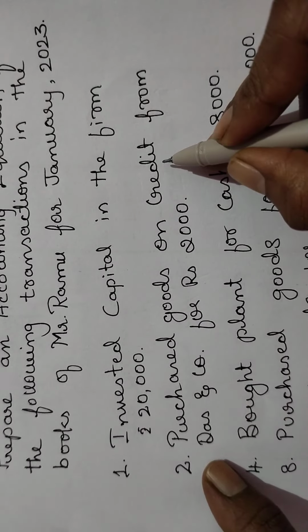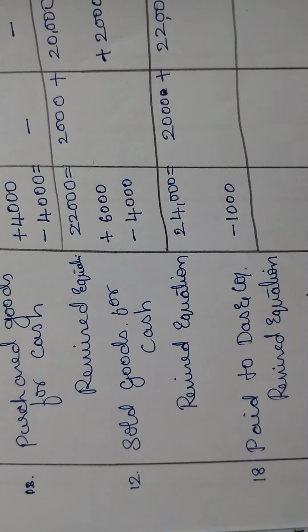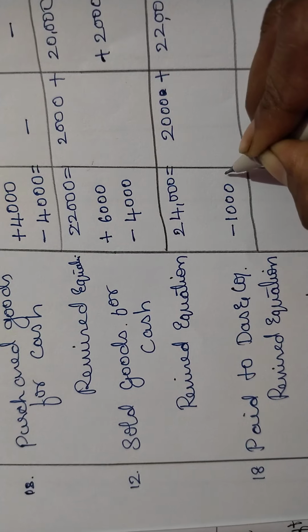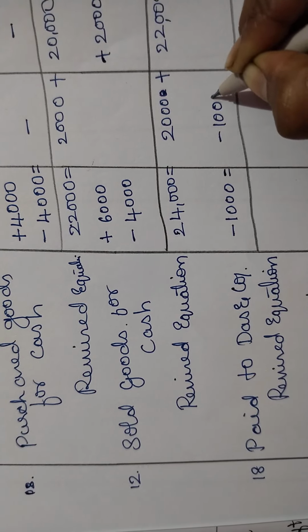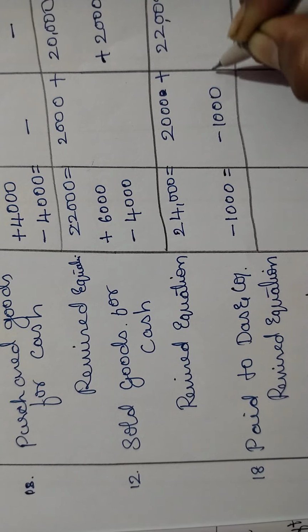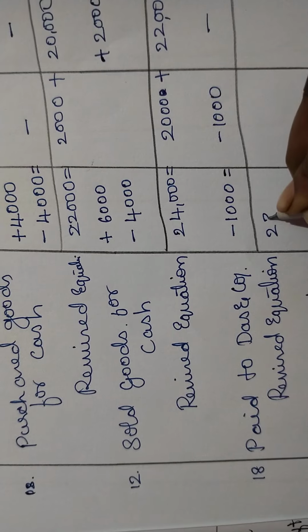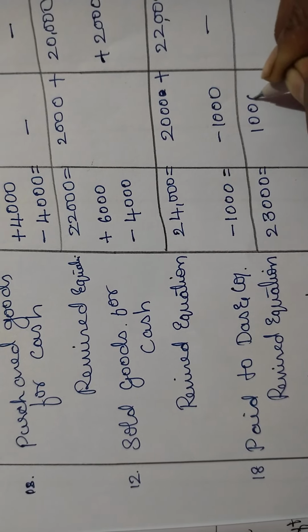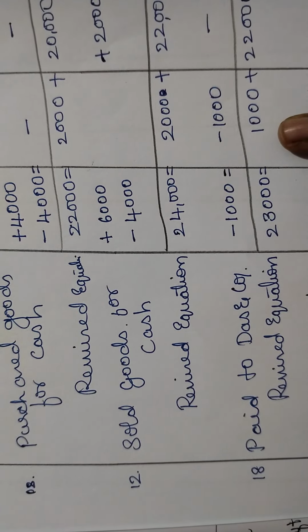Purchased goods on credit 2,000. The worth of the goods was 2,000. Out of 2,000, now I am making payment of 1,000. So my liability is decreased by 1,000. There is no change in the capital. So the revised equation is 23 equals 1 plus 22. 22 plus 1, 23.